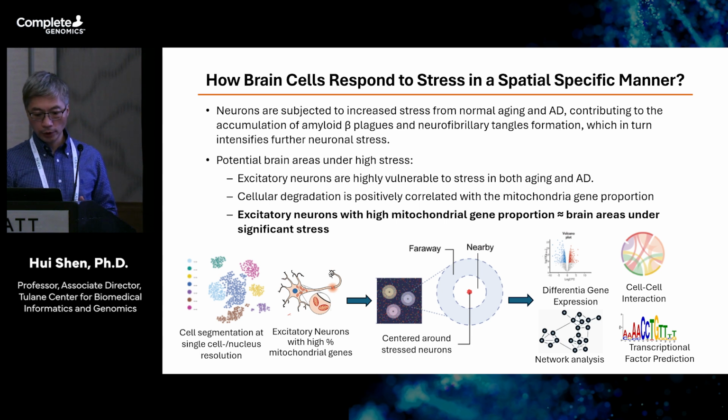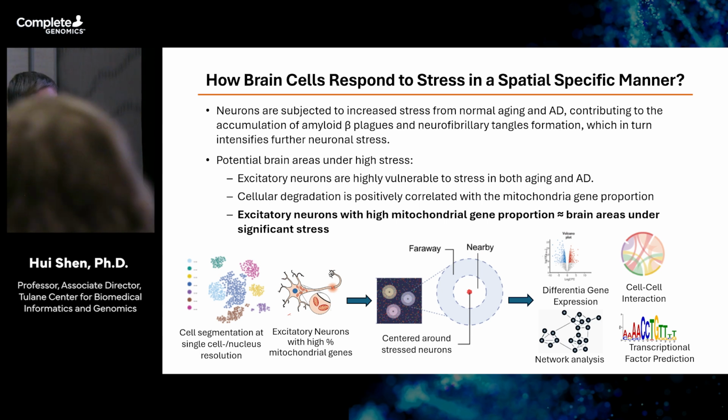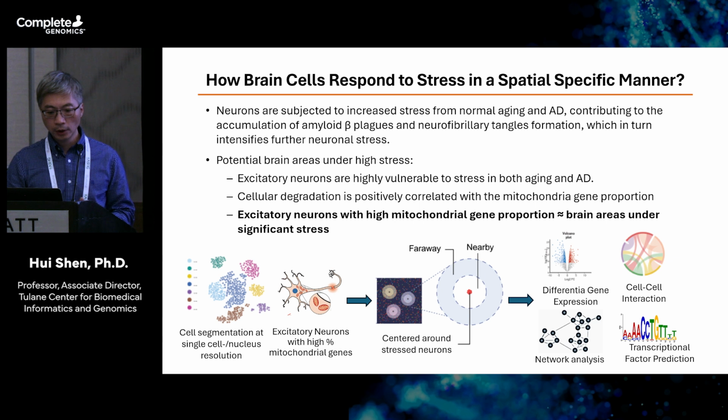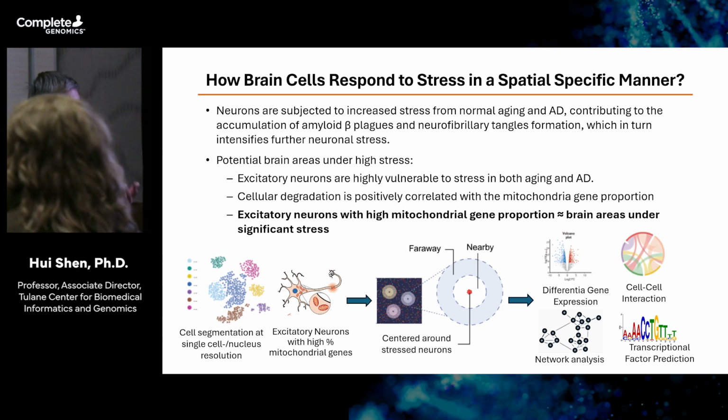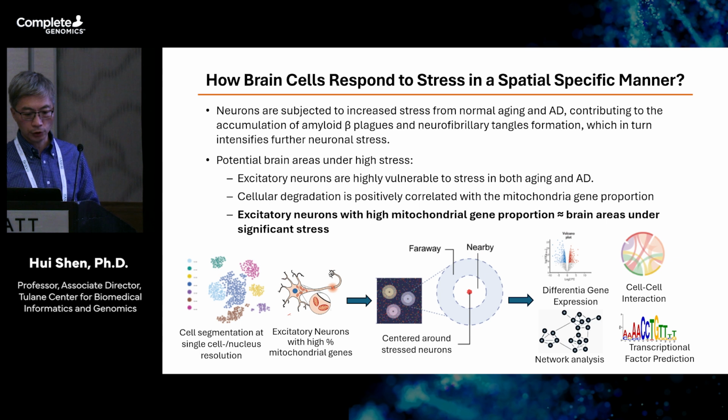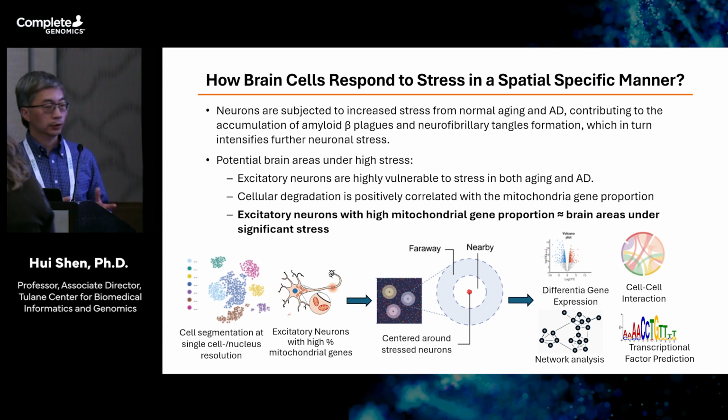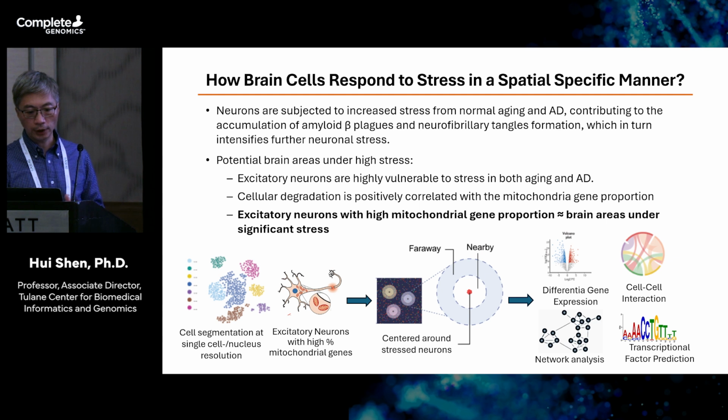This is basically a simplified workflow. We did cell segmentation at the single cell or single nucleus resolution. Then after cell clustering, we can identify those excitatory neurons, and we can calculate the mitochondrial gene proportion. Then we can basically pinpoint those brain areas under high stress.